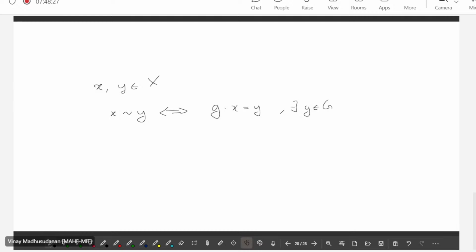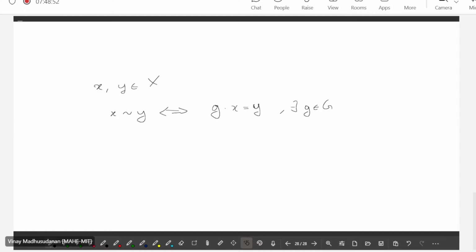If x is mapped to y by the action of some g, if there is some g such that g dot x equals y, then declare x to be equivalent to y. This is an equivalence relation. Every element is equivalent to itself because 1 dot x is equal to x, so x is related to itself.